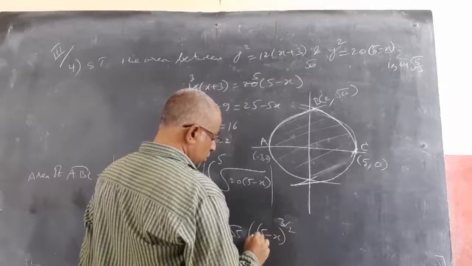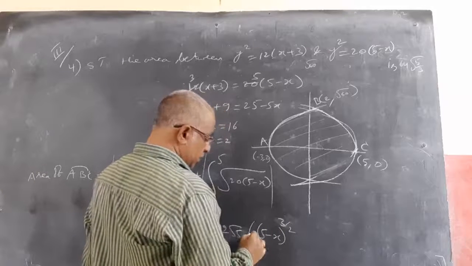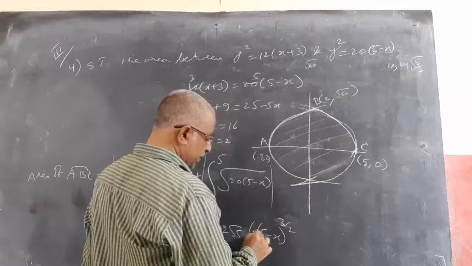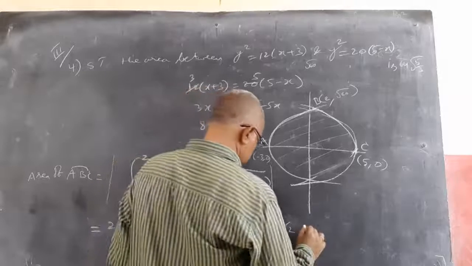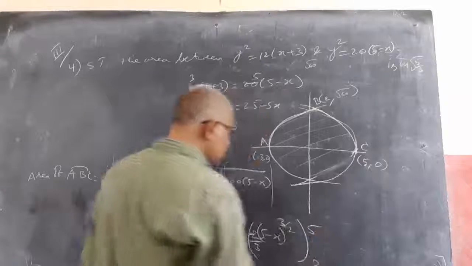Plus 1 gives 3 by 2, and 3 by 2 becomes 2 by 3, into the inner derivative minus 1. So that minus 1 I will write as minus, between the limits 2 to 5.